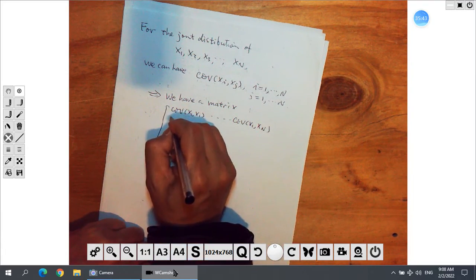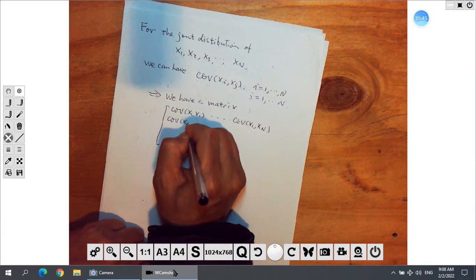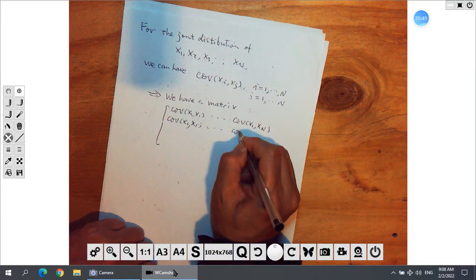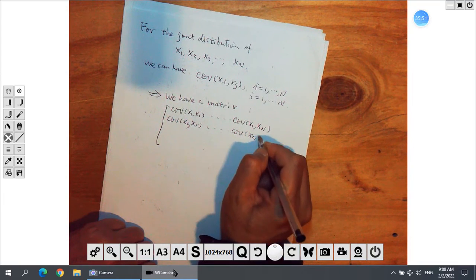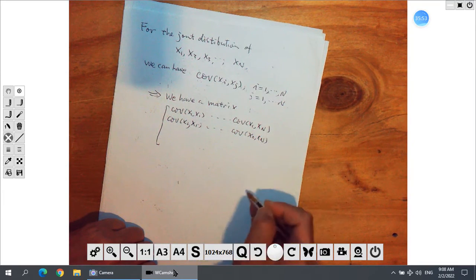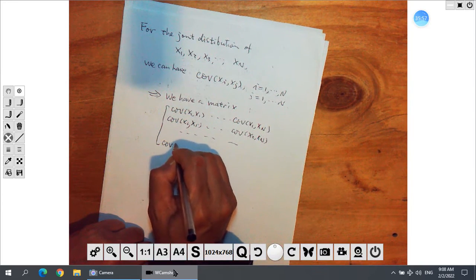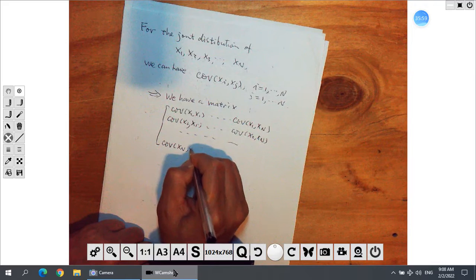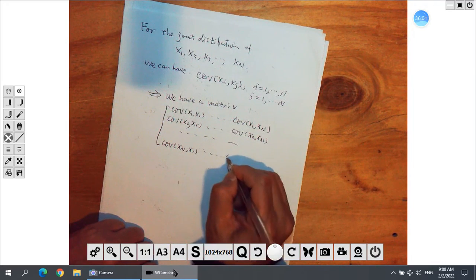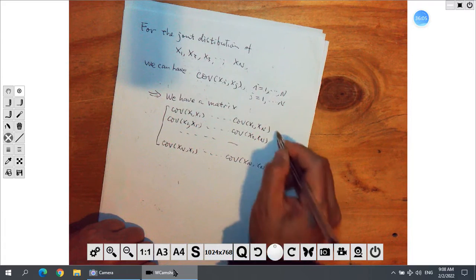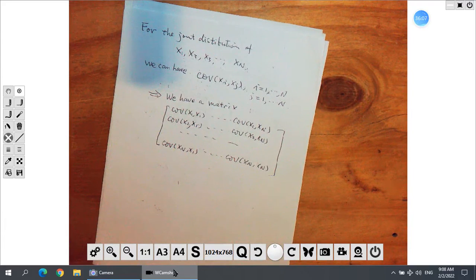The second row is the covariance of x2 with x1 until the covariance of x2 with xn, and so on. The last line will be the covariance of xn and x1 until the covariance of xn with xn. This is a matrix.